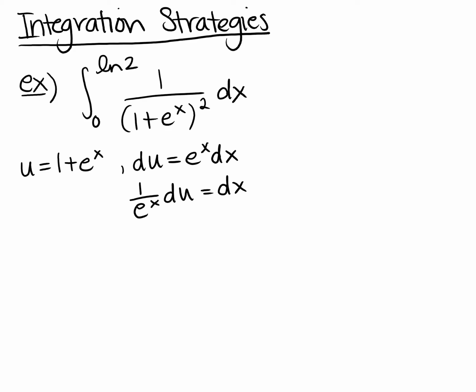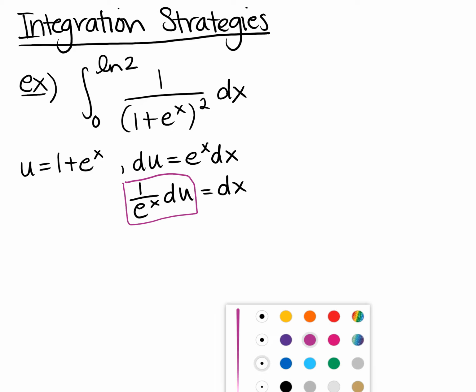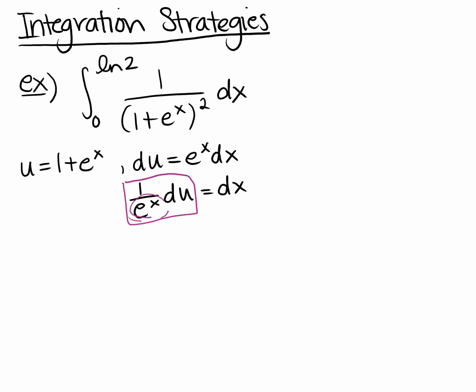The only reason that I'm going to be able to do this is because if I look at this part right here, I know I have 2 variables here, but I think I can mess with this a little bit. And how could I mess with this? Well, this e to the x right here, let's solve this for e to the x and see what we get. So we see that e to the x is u minus 1.